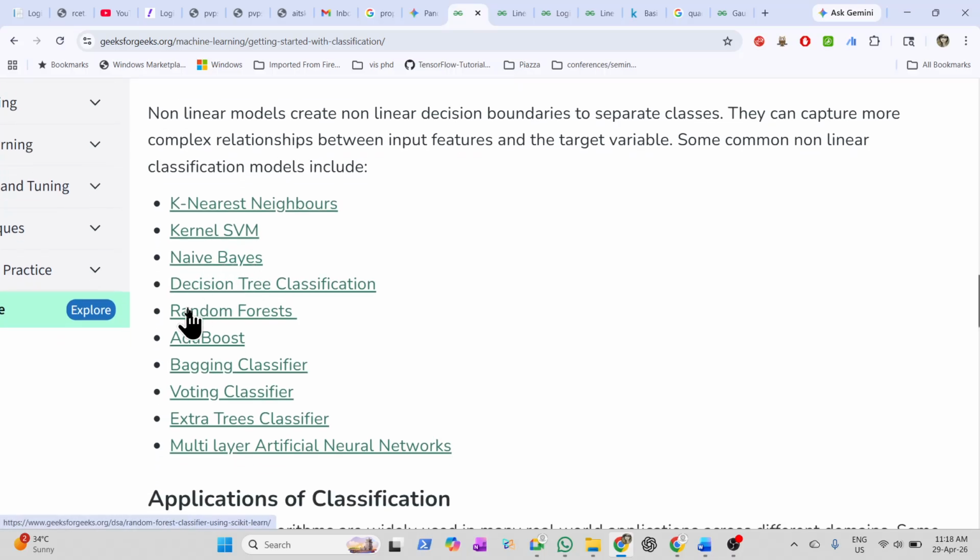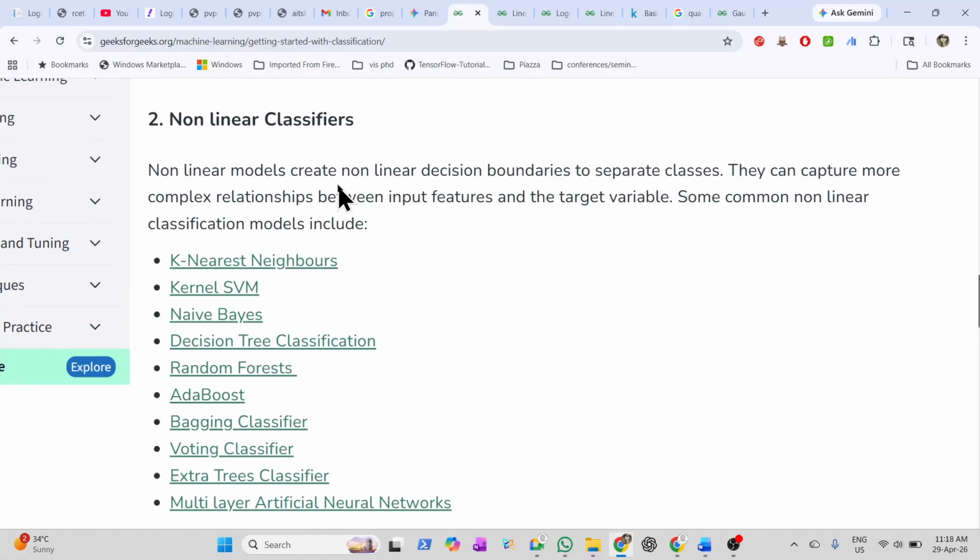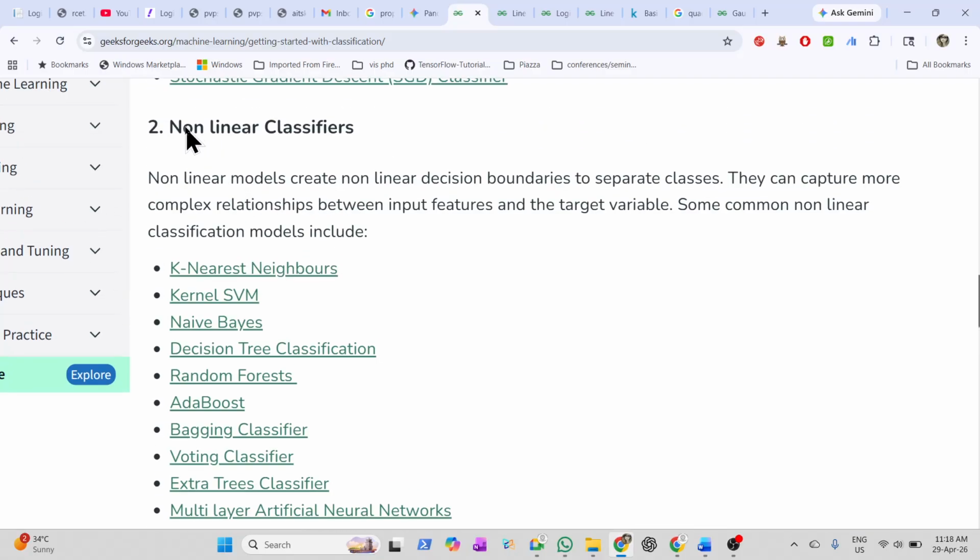Naive Bayes. Decision tree classification. Random forests, AdaBoost, bagging classifier, voting classifier, extra trees classifier, multi-layer artificial neural network. These all belong to the category of non-linear classifiers.